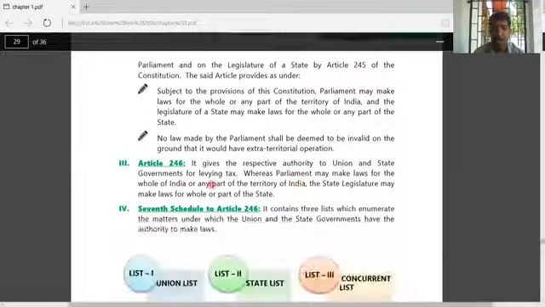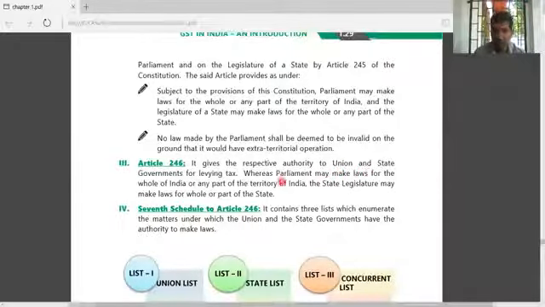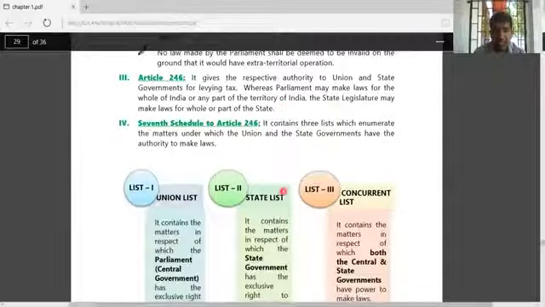Now Article 246 gives authority to the Union and state governments for levying tax. Parliament can make law for all of India, and the state legislature can make law for all or part of the state. In Article 246, there are List 1, List 2 and List 3.